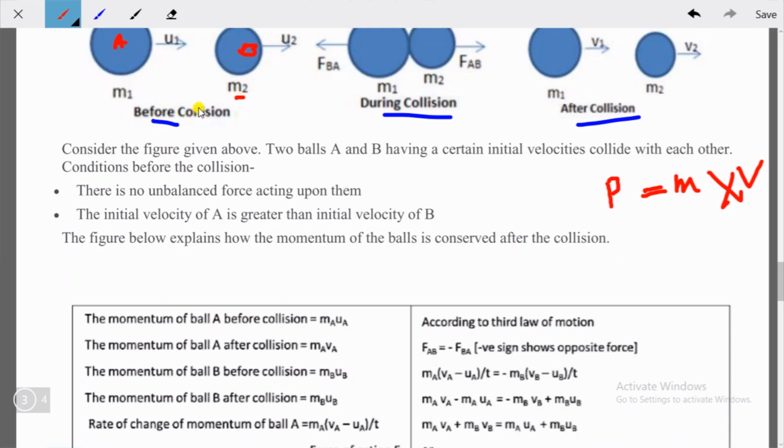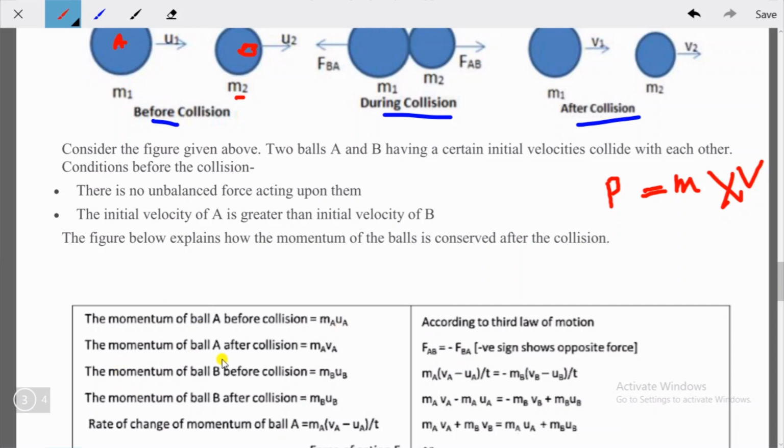So the momentum of ball A before collision is M1 U, or if we consider A and B, MA UA, where UA is the initial velocity of ball A.